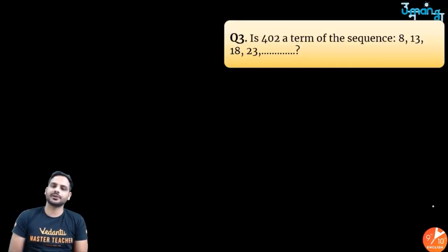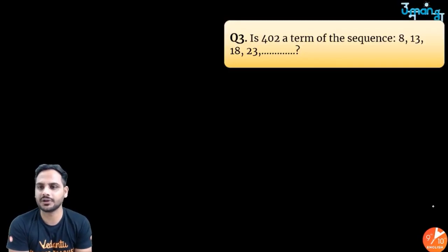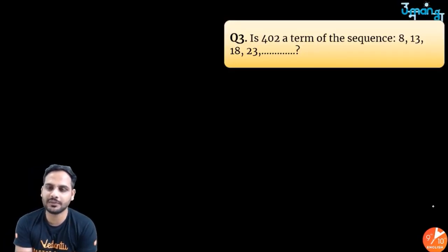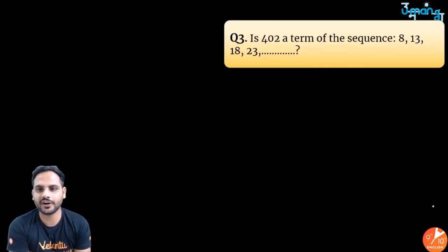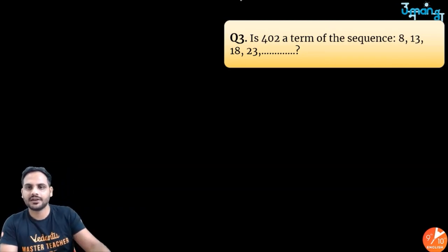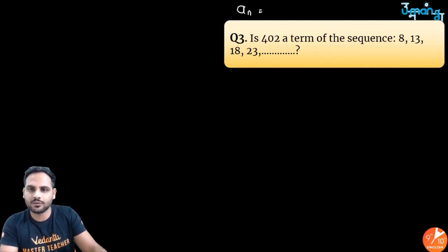Okay, next question dekho. Is 402 a term of the sequence? That means they are asking me, if I keep writing this AP, will 402 come in this AP or not, right? So here the main concept is in the formula which we have, an is equal to a plus n minus 1 into d.